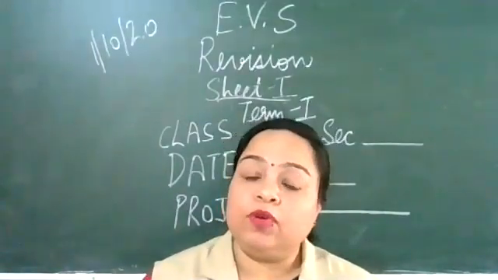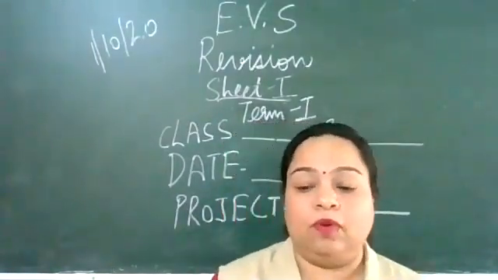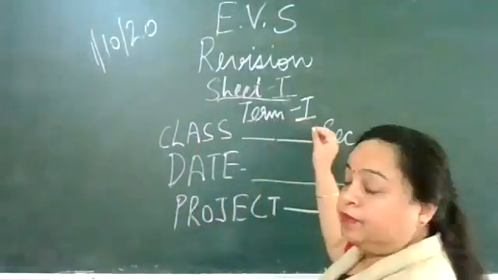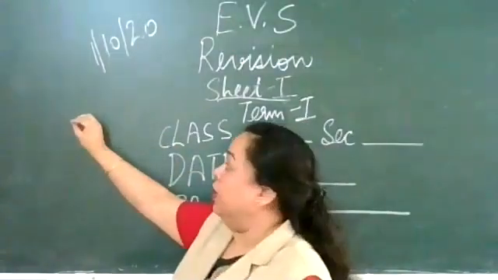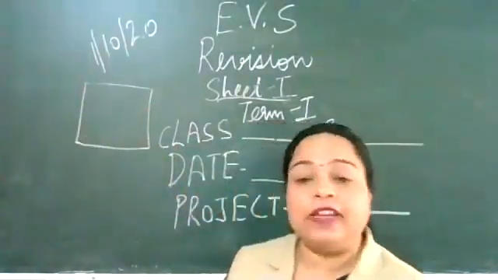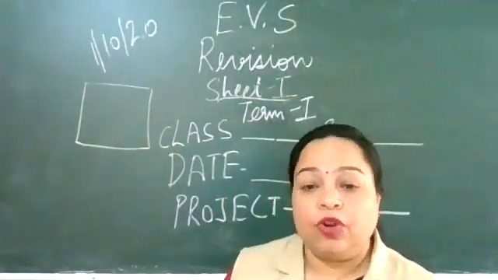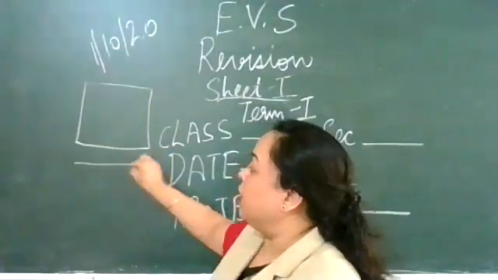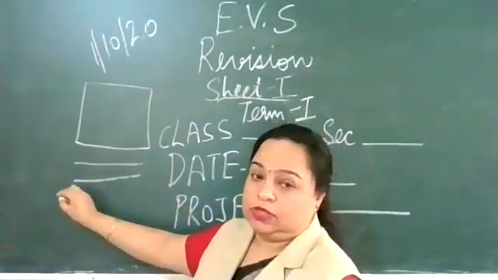But what you have to do, children, apart from drawing, suppose you have drawn this, okay? You have taken one single blank sheet, without a ruled line, and you have drawn the diagram. Apart from drawing the diagram, you have to explain it also.